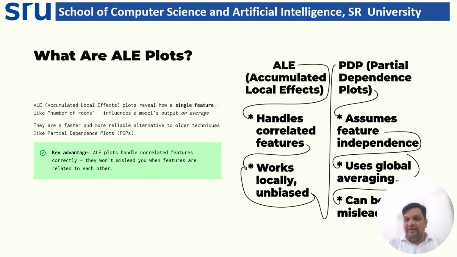So we can say here, ALE plots show the average effect of a feature on the model's output. For example, how does the number of rooms affect house price predictions? The key advantage is that ALE plots handle correlated features, making them more reliable than older methods like PDPs.